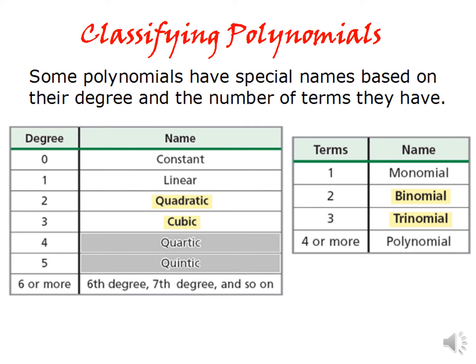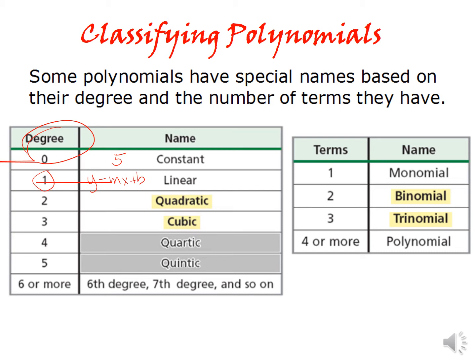Okay, polynomials have special names based on their degree and the number of terms they have. So if you look at the degree one over here, okay, we have constants, which would just be a number. A linear, which has a degree of 1, think of slope-intercept form.